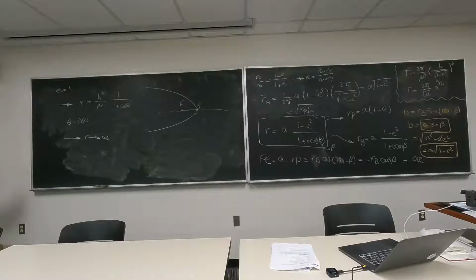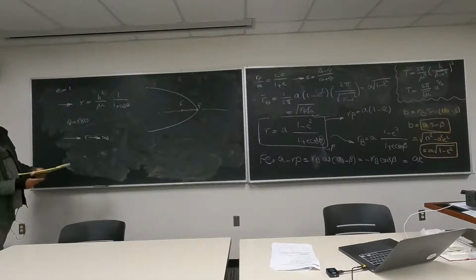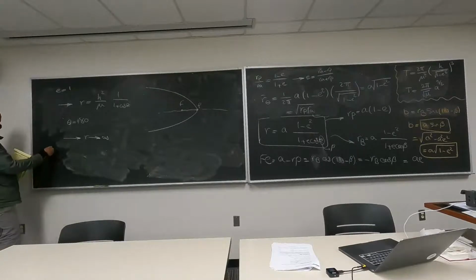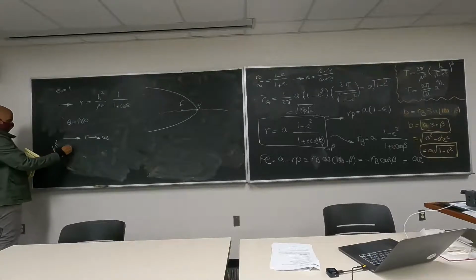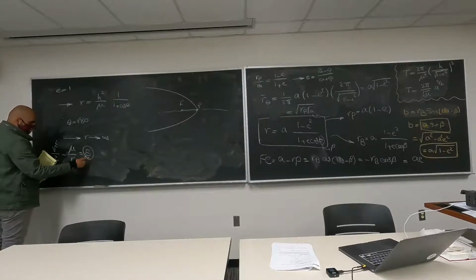What can we say about the specific energy on a parabolic trajectory? How did we calculate specific energy? V squared over 2 minus mu over r. That's equal to epsilon. But what can we say about this epsilon?